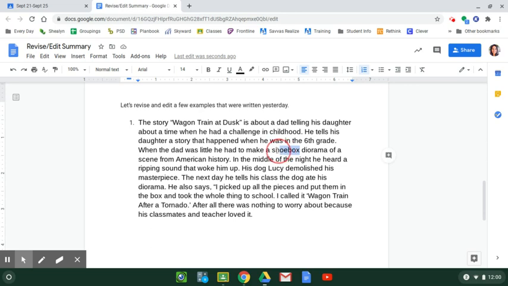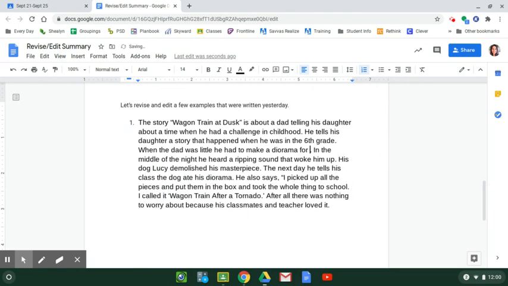So I'm wondering, do we need to know the word shoebox, or can we just know the word diorama? I think we can delete the word shoebox. Because we know that a diorama is like a project. So when the dad was little, he had to make a diorama of a scene from American history. We don't really need to know that it was from that history class, but we could say when the dad was little, he had to make a diorama for school or for class.